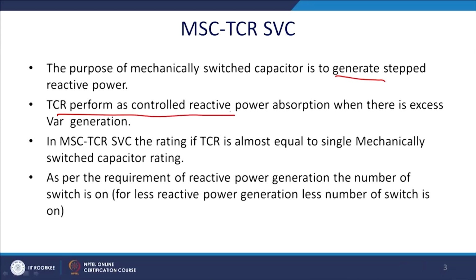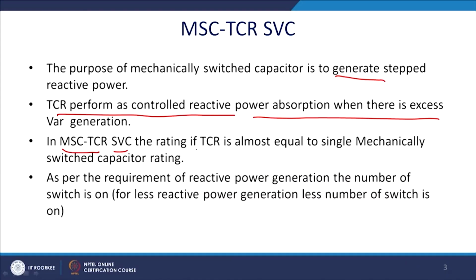The TCR performs as a controlled reactive power absorber, because it will go to the highest unit number. Every mechanical switch may have a capacity of 2 MVAR. So, it will go to 7, and we require, let us say, to compensate 13.6. That 0.4 will come from the TCR. There is power absorption when there is excess var generation.